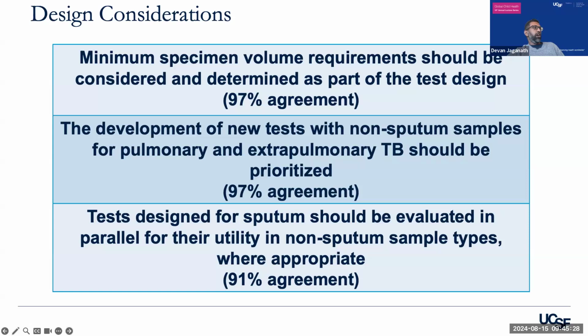I think developing new tests with non-sputum samples for both pulmonary and extrapulmonary TB, and then taking tests that have been initially developed for sputum and really trying to evaluate them in parallel for their utility in non-sputum sample types. So again, trying to meet the needs of children in particular.